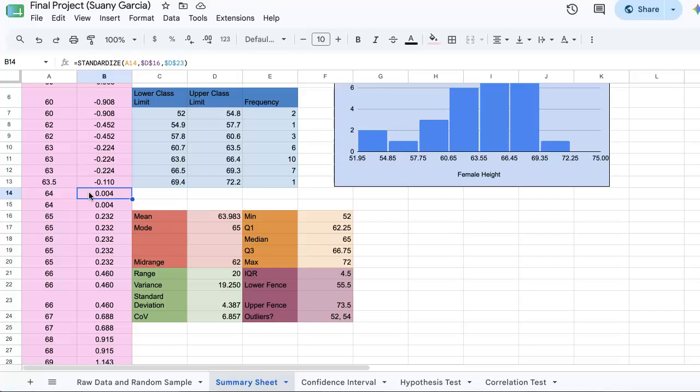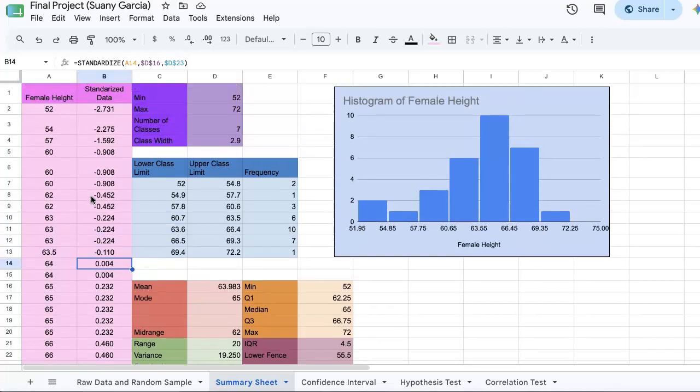And since the standardized value, or Z-score, tells us how many standard deviations the value is from the mean, 64 has a Z-score closest to 0. You can see all the other ones have either lower or higher Z-scores, and this one is closest to 0. And then the only data that is beyond 2 standard deviations from the mean are my outliers, 52 and 54.